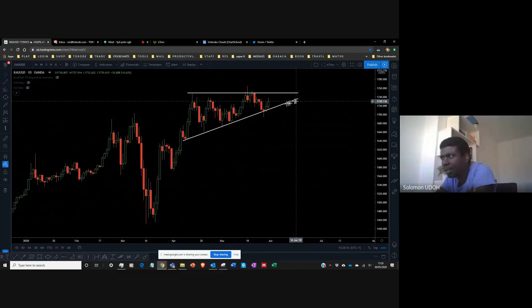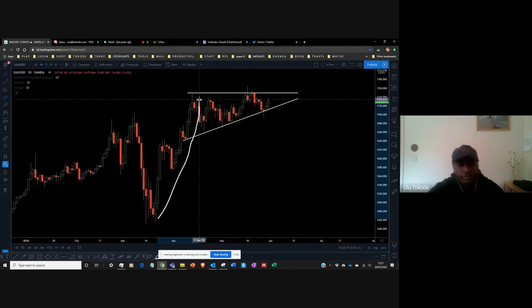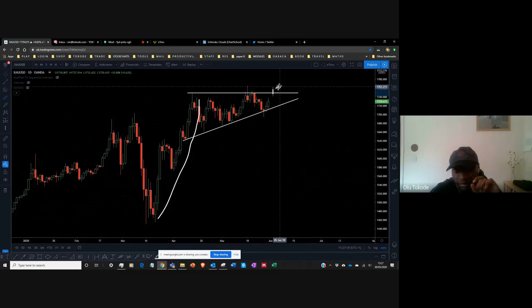This is your impulsive move here. What we're doing now is consolidating. Price hit the top, got rejected, bounced off this one, bounced here, bounced here. So price is consolidating into a narrow range. Eventually, it's going to break out and then it'll give you confirmation to go long.